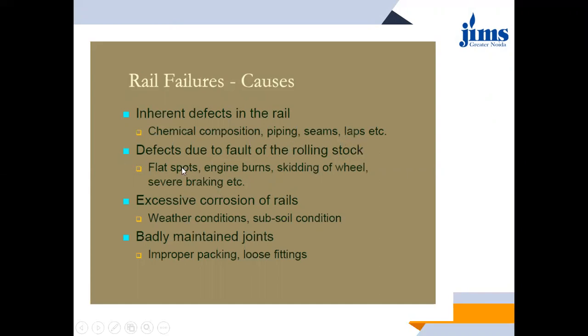Then there are defects due to the fault of the rolling stock. Since the wheels of the rolling stock, that is the locomotives and the wagons, run on the rail surface, they are in direct contact with it. So whenever there is any fault in the rolling stock, the fault will obviously affect the rail and cause rail failures.